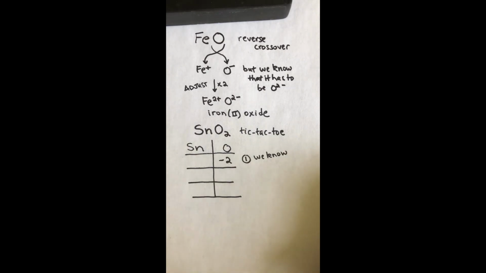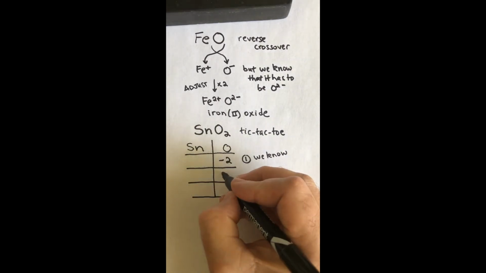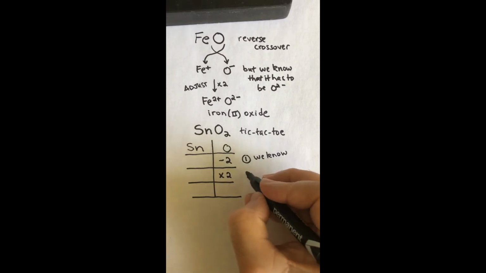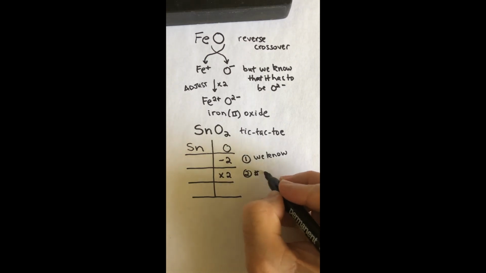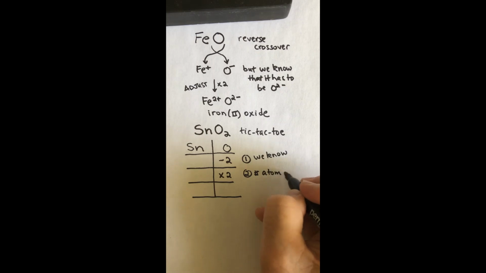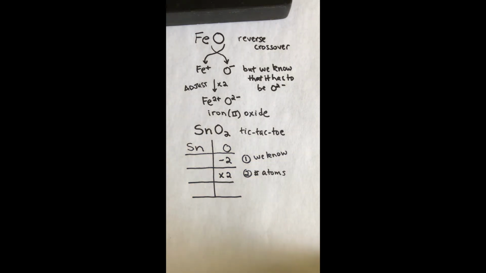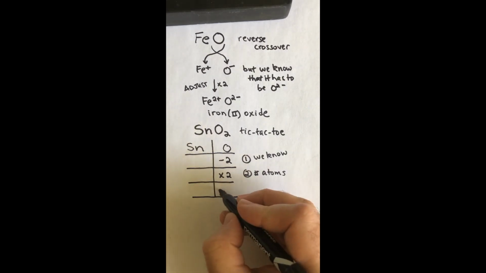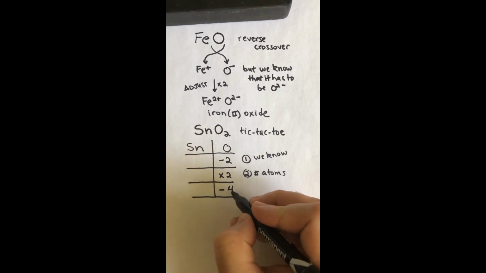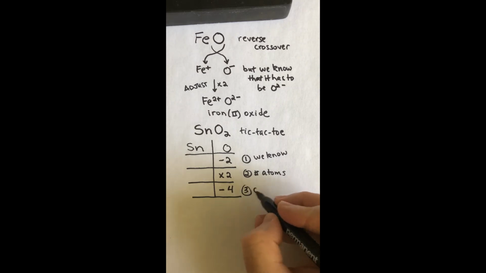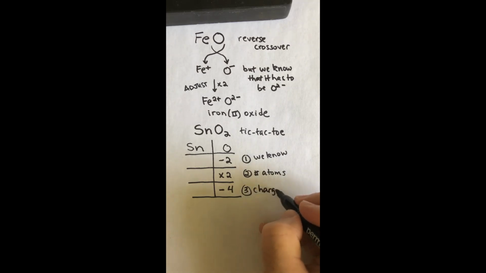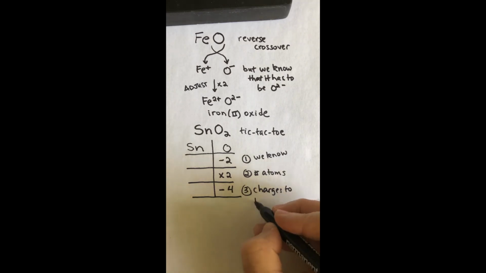Now, how many oxygens do we have in the formula? We have 2 of them. So this is the number of atoms of that particular component. And that means that if you multiply that out, you get -4 charges. These are the charges to neutralize.